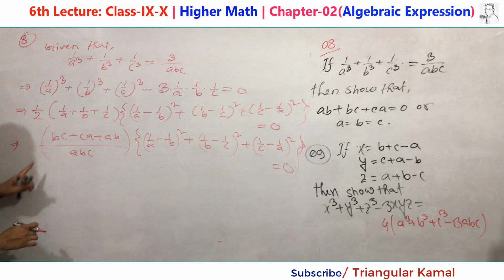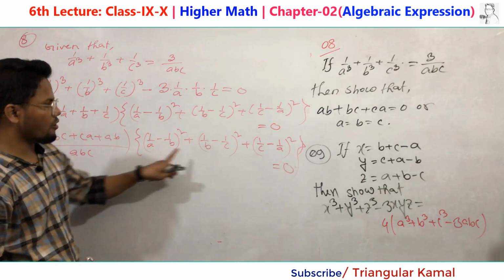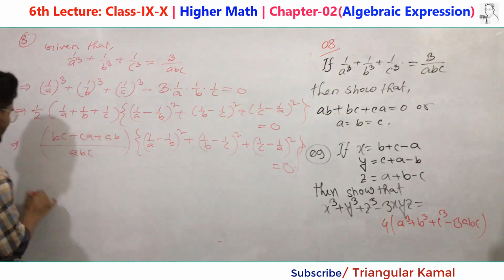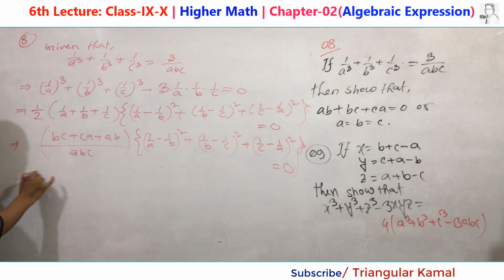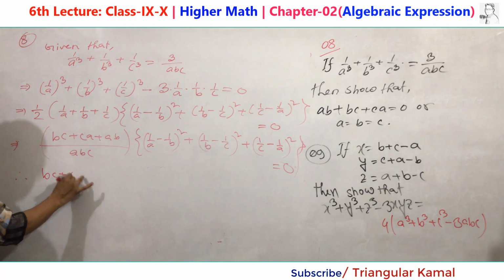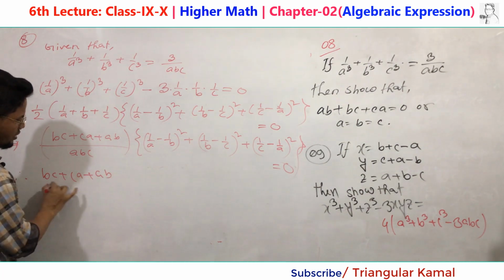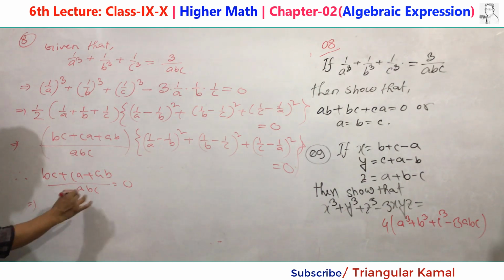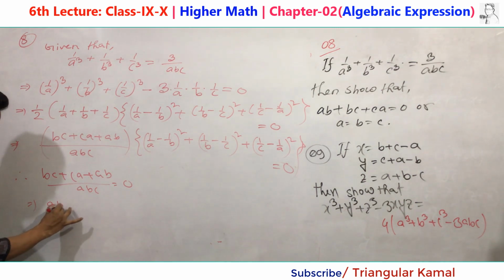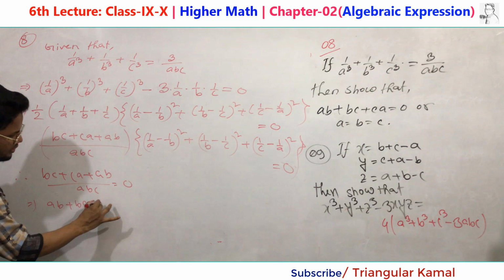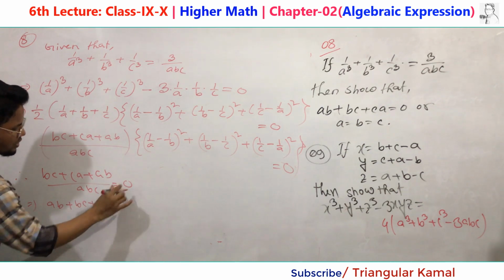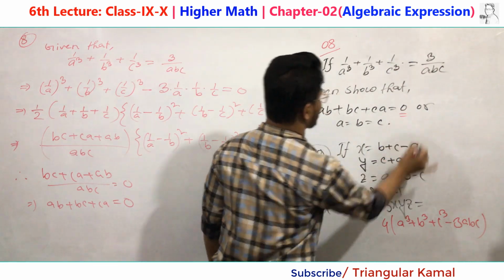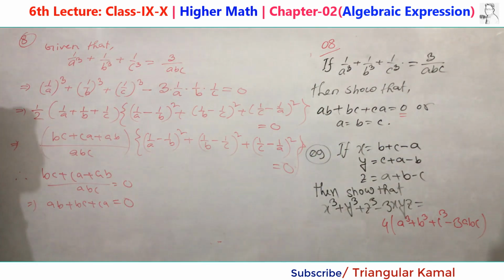Multiplying, so either this one will be 0 or this one will be 0, because the factors multiply to 0. So considering the first one, bc plus ca plus ab divided by abc equals 0. After cross multiplication, we get ab plus bc plus ca equals ab times 0, so the final result is this one. And this is our first step, show that ab plus bc plus ca equals 0.